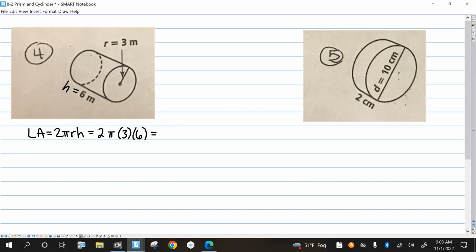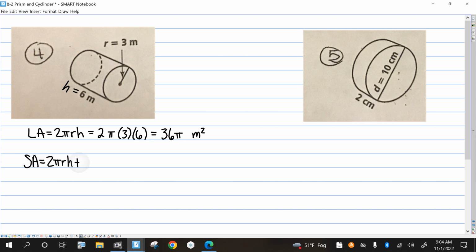So what's 2 times 3 times 6? 36. 2 times 3 is 6, times 6 again is 36 pi. Just leave it in terms of pi, multiply all the numbers, and tack on a pi. Then don't forget units, so you would say meters squared.